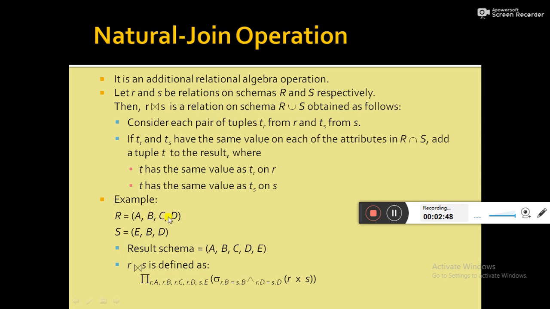Here B and D are present in both relations R and S, so they will appear only once in the resultant schema. So this is the schema.